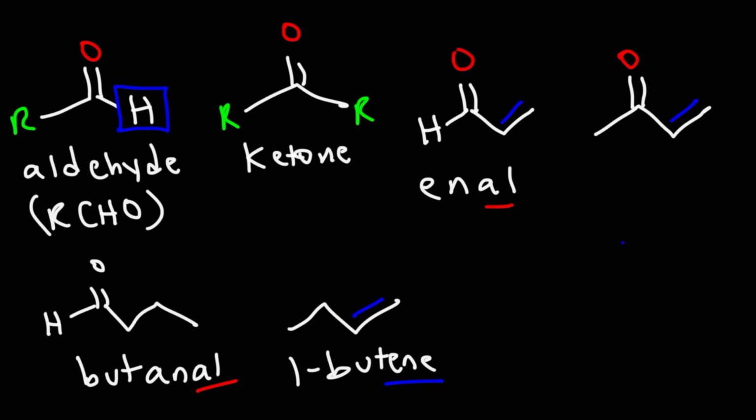So if that's the case, what do you call this one? So we have a ketone with an alkene. This is called an enone. Alkene plus a ketone, enone. It's also an alpha beta unsaturated ketone.